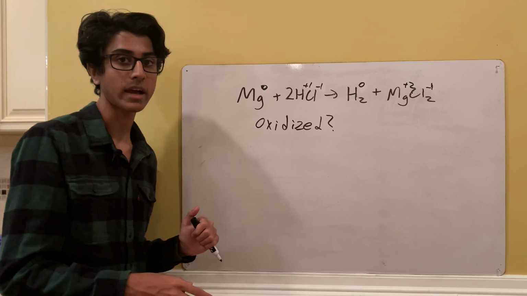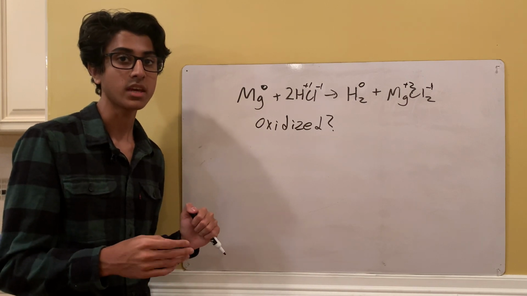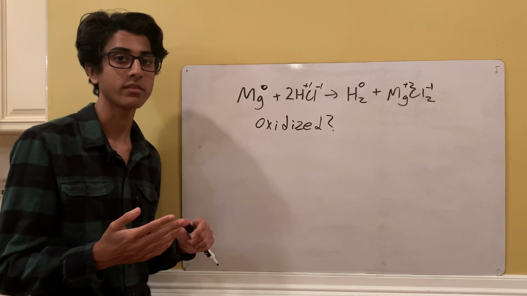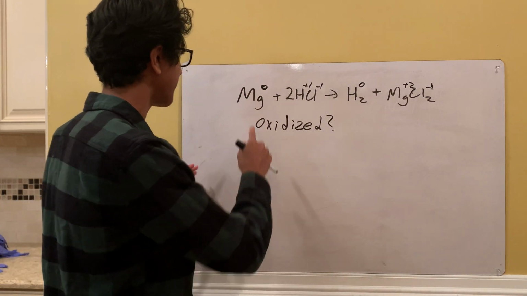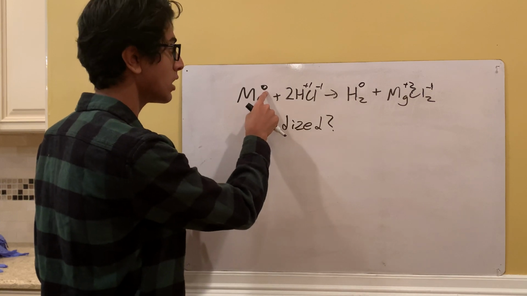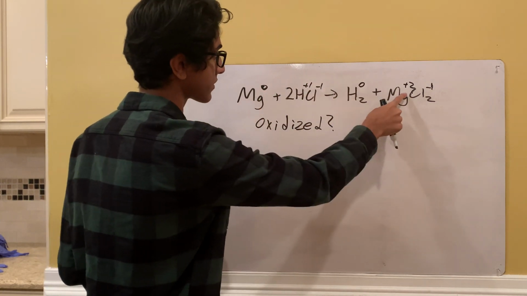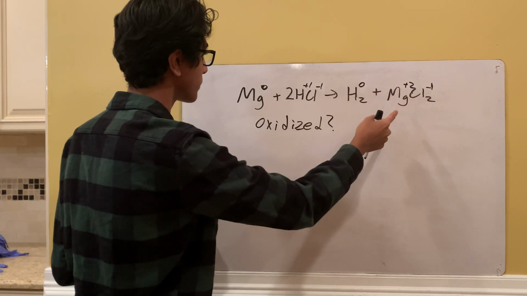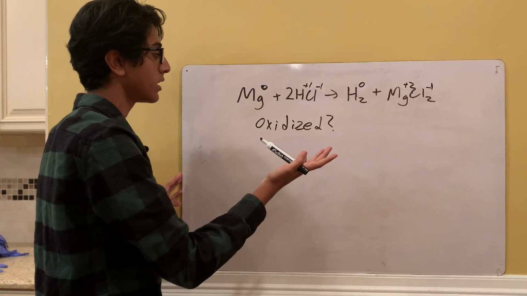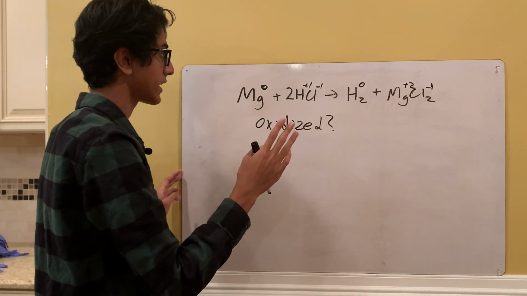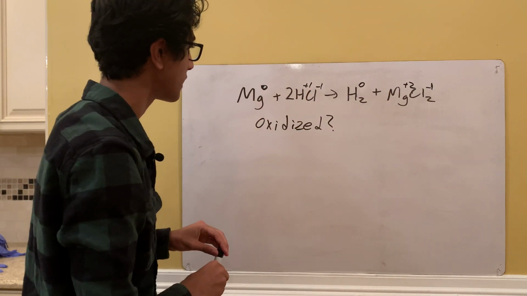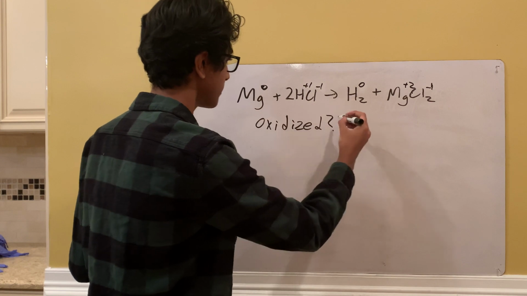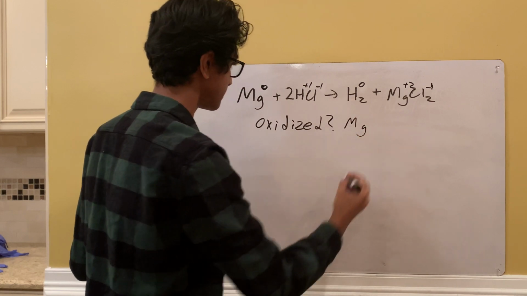So if it's losing electrons, its oxidation state is increasing because electrons have a negative value to them. So if we look at magnesium, it has an oxidation state of 0, and then it goes to an oxidation state of +2. So it's increasing oxidation state. That means it's losing electrons, 2 electrons to be precise. And we know that magnesium is being oxidized.